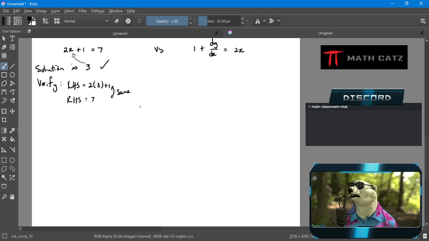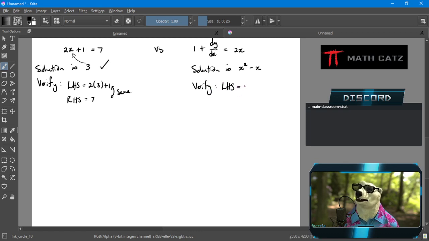The same concept applies to this differential equation, where if I'm given a guess of a potential solution as x squared minus x, I can again verify that by evaluating both sides of the equation.